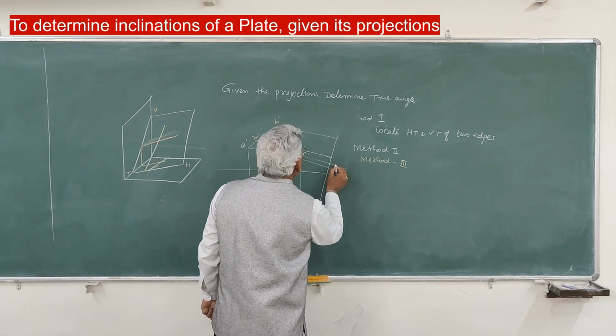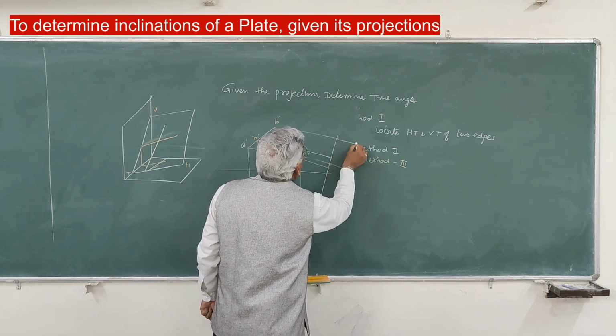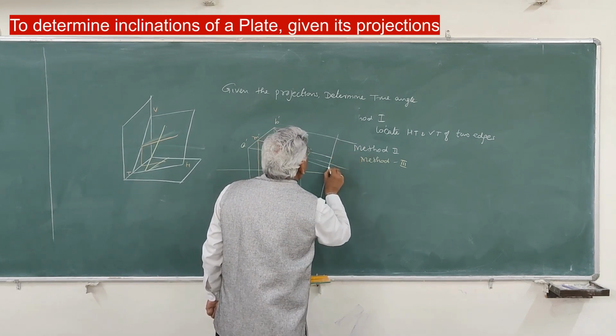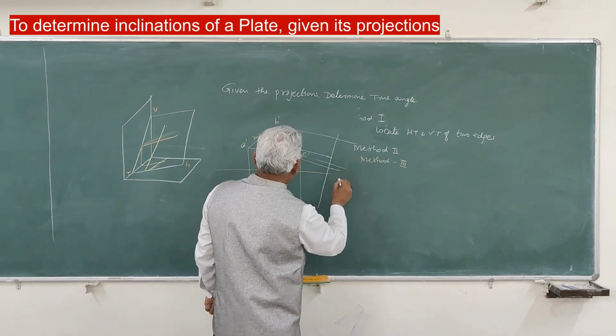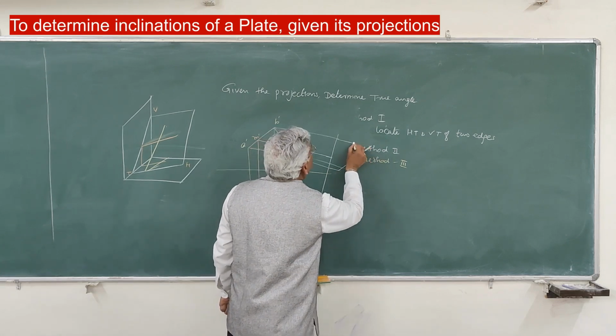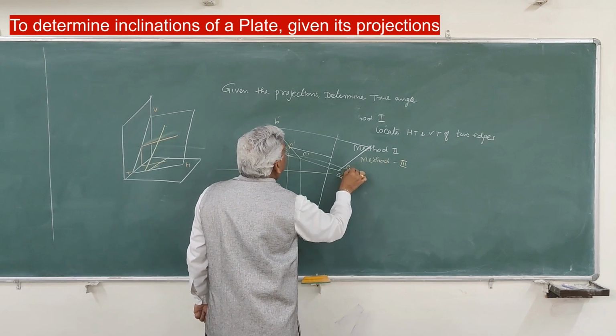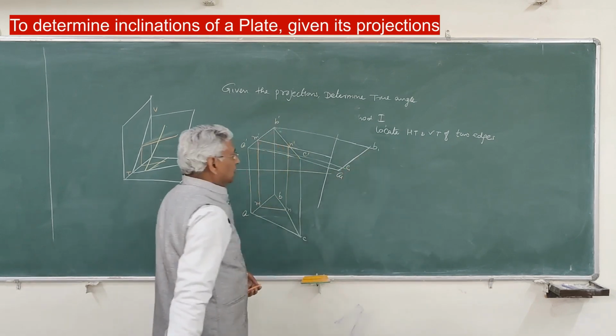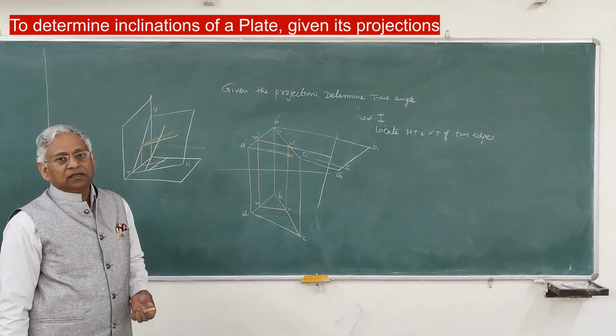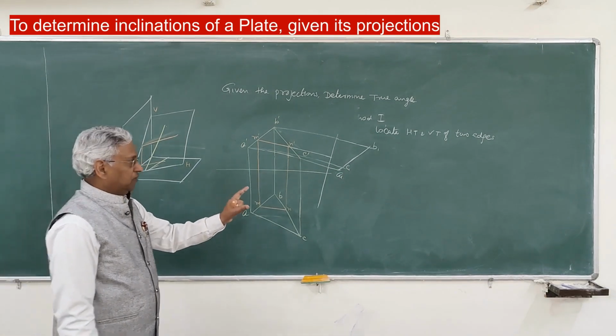You get a line here. Let us say this is the line A1, B1, C1, which is the edge view of the plate.